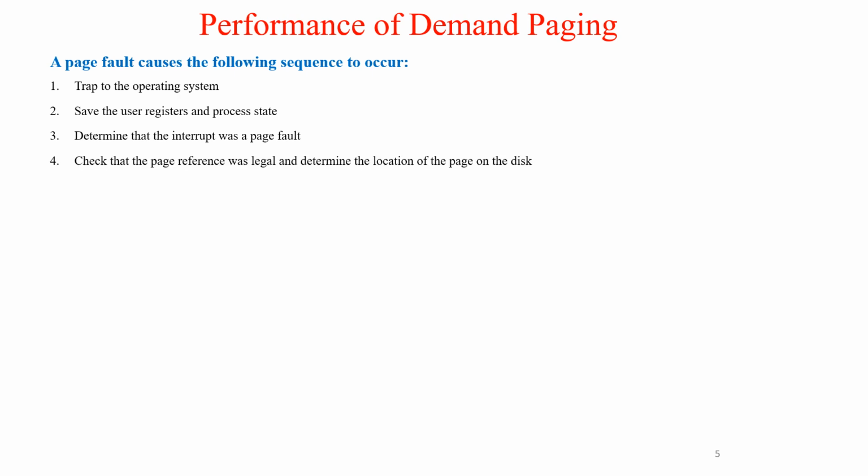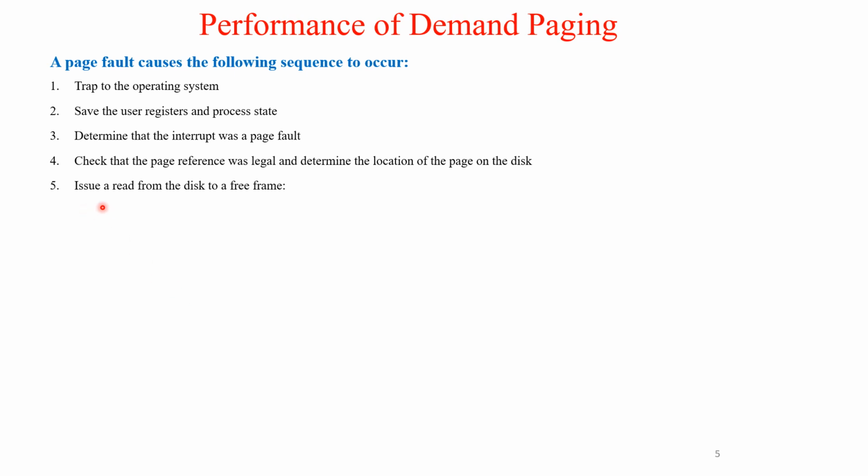So a page fault will cause the following sequence of actions to happen. First, it will trap to the operating system. Then it saves the user registers and process state. Then it determines that the interrupt was a page fault. Then it checks that the page reference was legal and determines the location of the page on the disk.